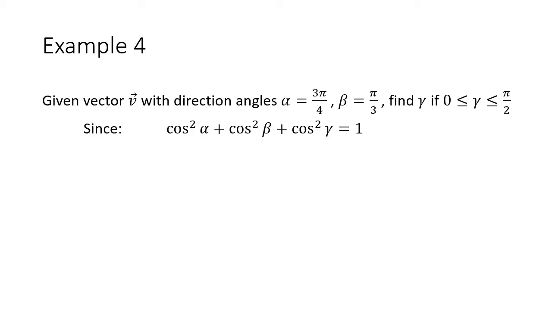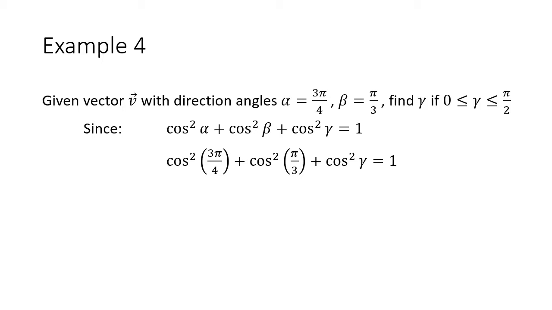So again, I'm going to take that expression that we just found, that cosine squared of alpha plus cosine squared beta plus cosine squared gamma equals 1. And now we just plug in alpha and beta. So cosine squared of 3 pi over 4 and cosine squared of pi over 3.